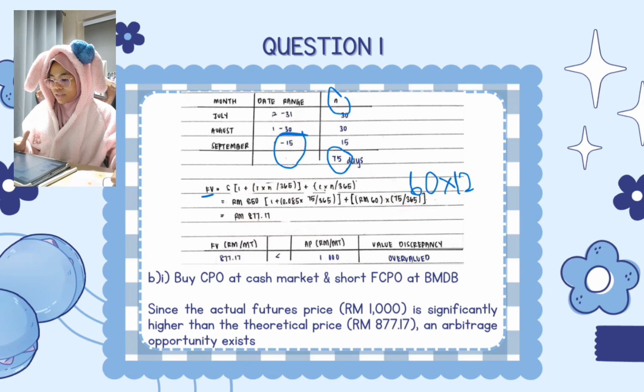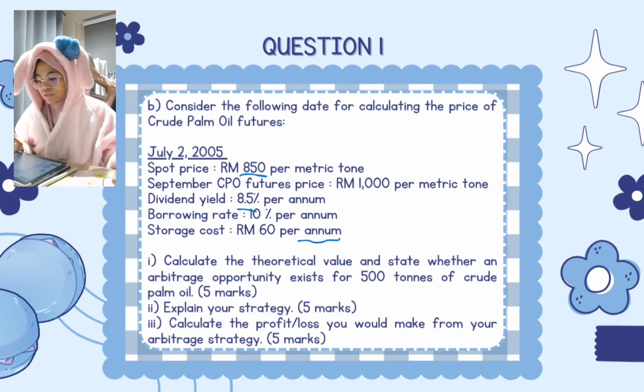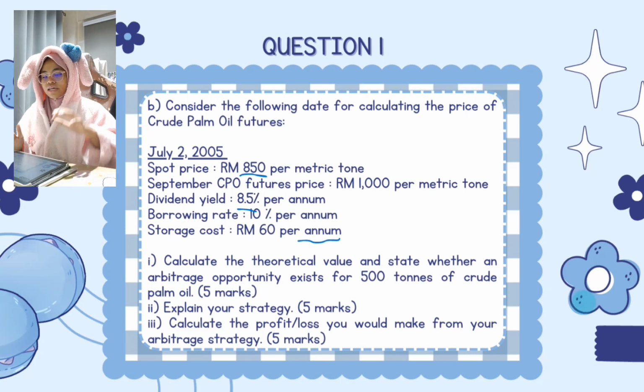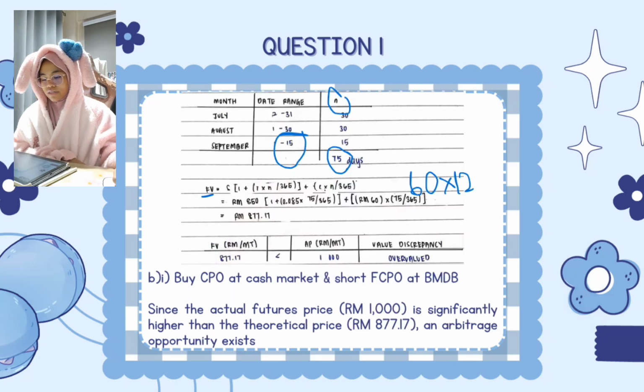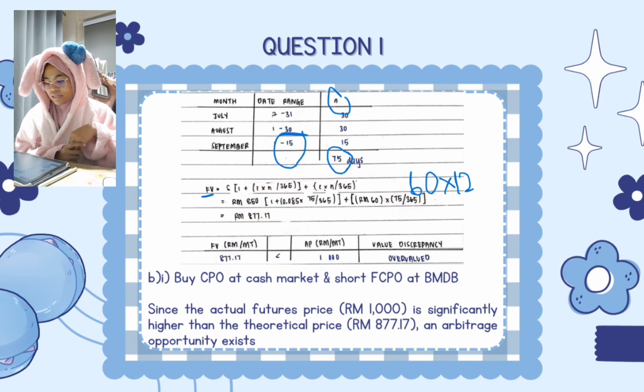However, the question already stated the storage cost per annum, so no need to times 12 because it is already per annum. Okay, so the answer for this is 877 ringgit 17 cent.